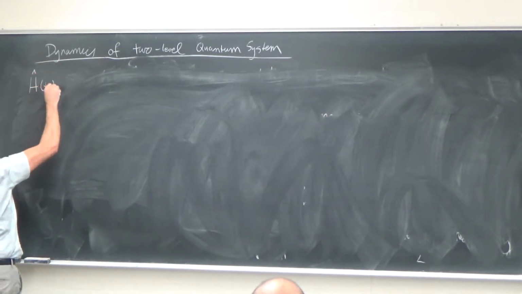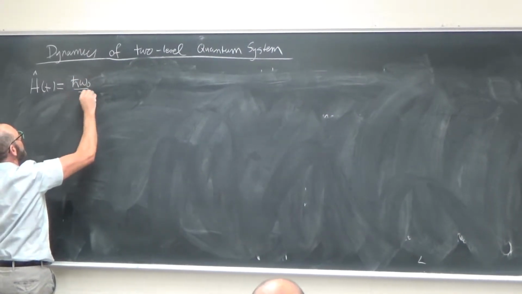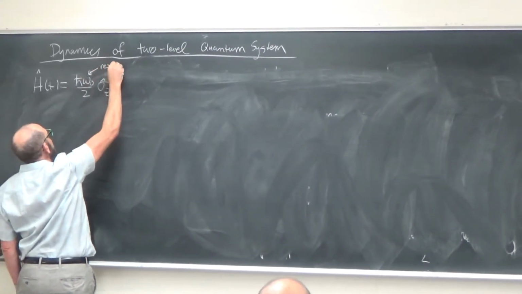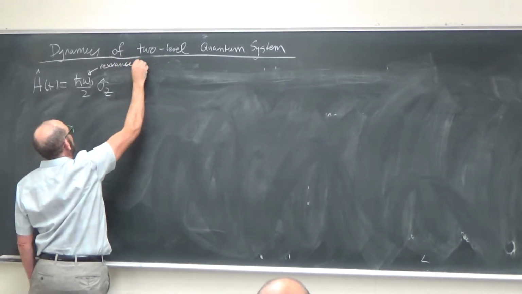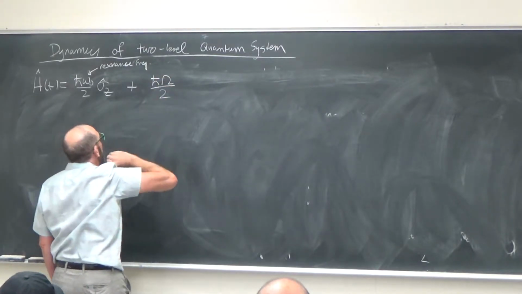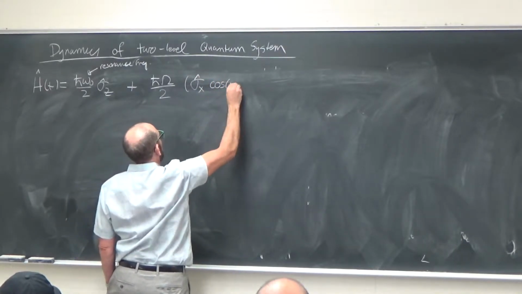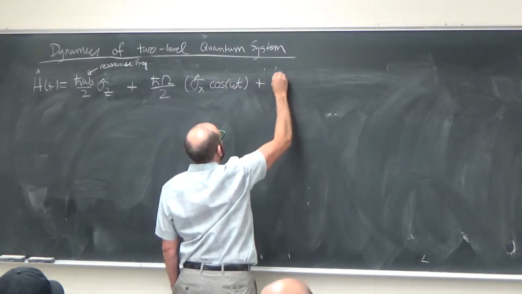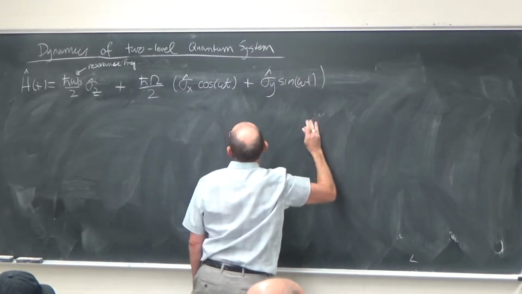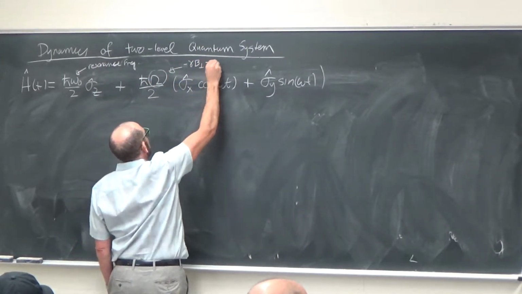So H as a function of time is equal to h bar omega naught over 2 sigma z, where omega naught is the natural resonance frequency, plus h bar capital omega, the Rabi frequency, times cosine omega t sigma x plus sigma y sine omega t.